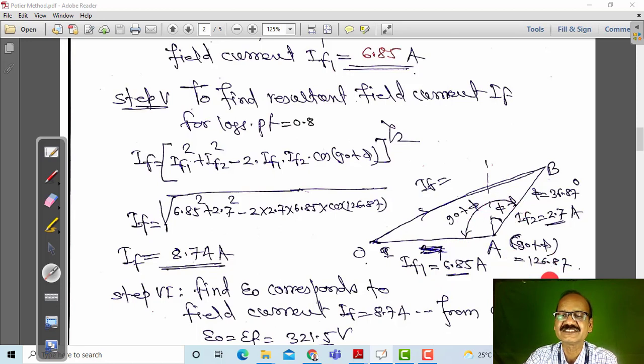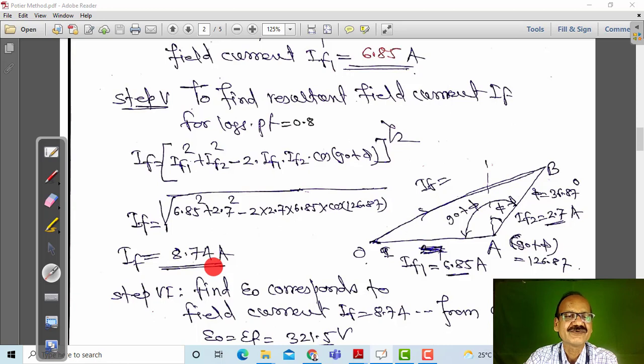The angle between IF1 and IF2 is 90 plus phi, and that is equal to 126.87. So find out IF, the resultant field current, equal to square root of IF1 square plus IF2 square minus twice IF1 IF2 into cosine of the angle between them, and it has been observed that the resultant field current is 8.74 ampere. We can consider it as 8.75 for a graphical method.